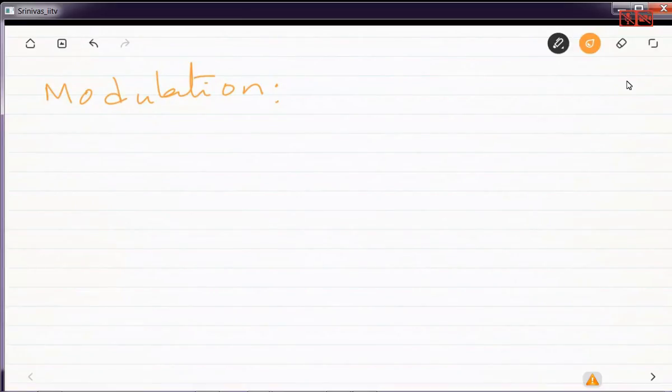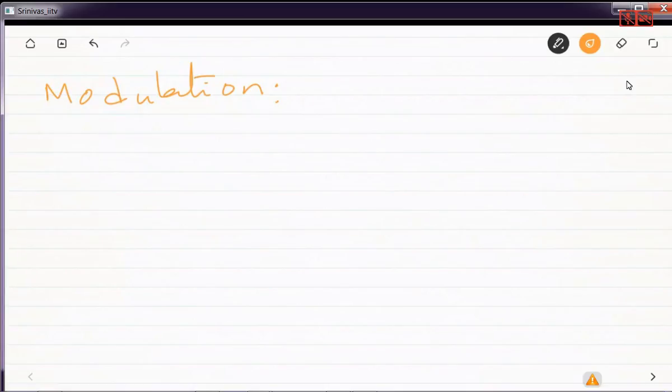There are a couple of reasons for that, but the most compelling reason for doing this is the practicability of the antennas. So let me write that down.